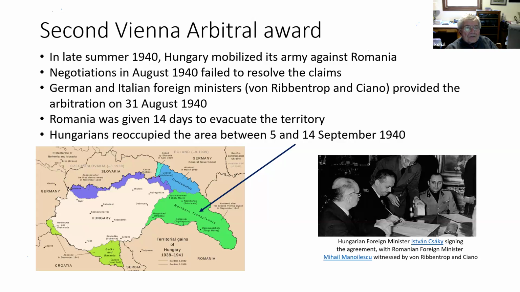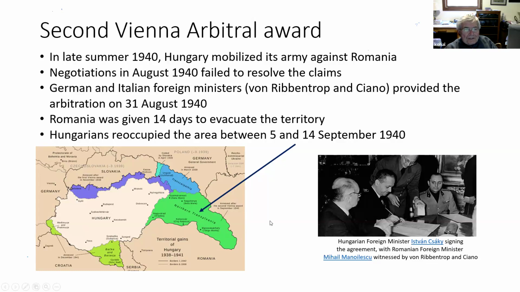It's called the Second Vienna Arbitral Award. In August of 1940, Romania was given 14 days to evacuate the territory. And basically, the territory was to make sure that the Hungarian Székely regions down in the farthest easternmost tip of Transylvania were given to Hungary.